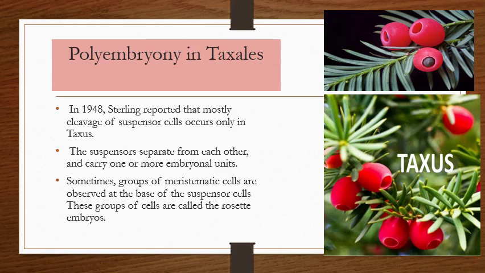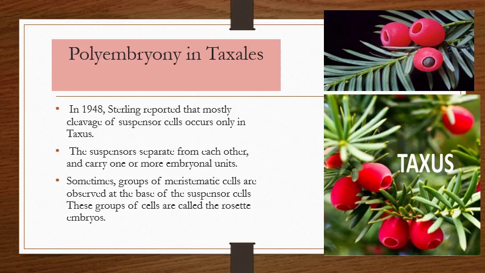Polyembryony in Taxodiaceae. Various archegonia are present in the female gametophyte of Taxus. Simple polyembryony occurs due to the fertilization of many of the archegonial eggs. But out of many, only a single embryo attains maturity. In 1948, Sterling reported that cleavage of suspensor cells occurs mostly in Taxus.